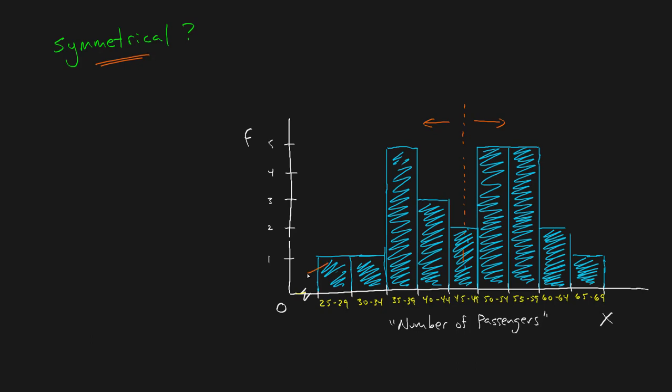It does look generally like this kind of a shape, which is symmetrical. Now it drops off here a bit more than it does on the other side, but for the most part I would say that this is symmetrical. If you're uncomfortable just simply saying it's symmetrical, you could say that it's somewhat symmetrical, or fairly symmetrical.